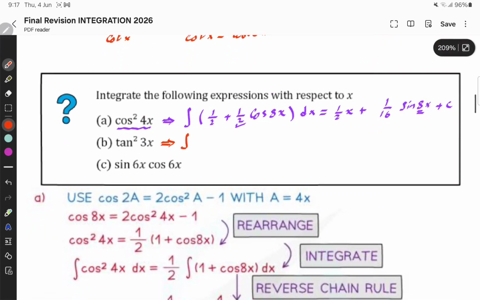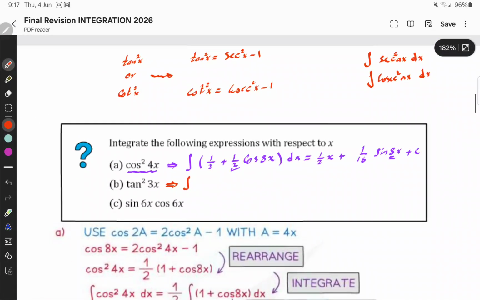So here tan squared equals sec squared for the same angle, 3x, minus 1, all with respect to x.